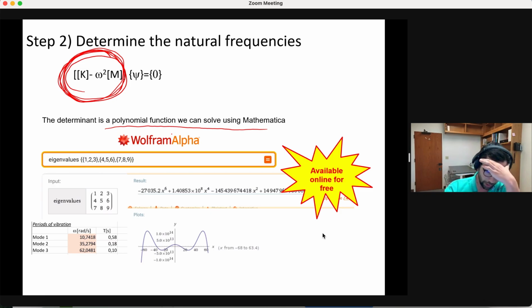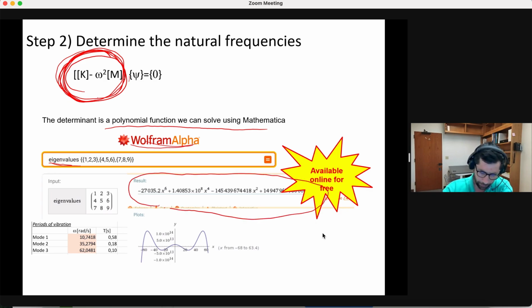In general, there are tools available to you which you can use to find these eigenvalues. For instance, if you Google Wolfram Alpha, this tool is available online for free. What you can do is write this matrix, press enter, write eigenvalues of the matrix, and the software is going to give you the polynomial equation.